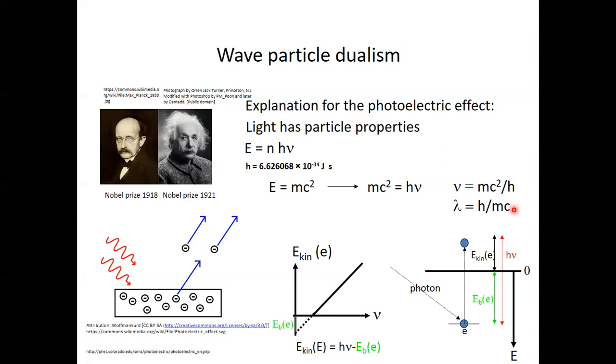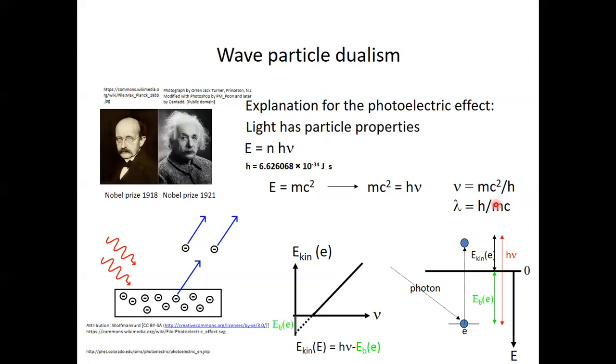So now you see that wave properties and particle properties are being correlated. A frequency or a wavelength is certainly a wave property. But a momentum, which is the product of mc, is a particle property. Also, the mass would typically be a particle property. And you see that there are even relationships.